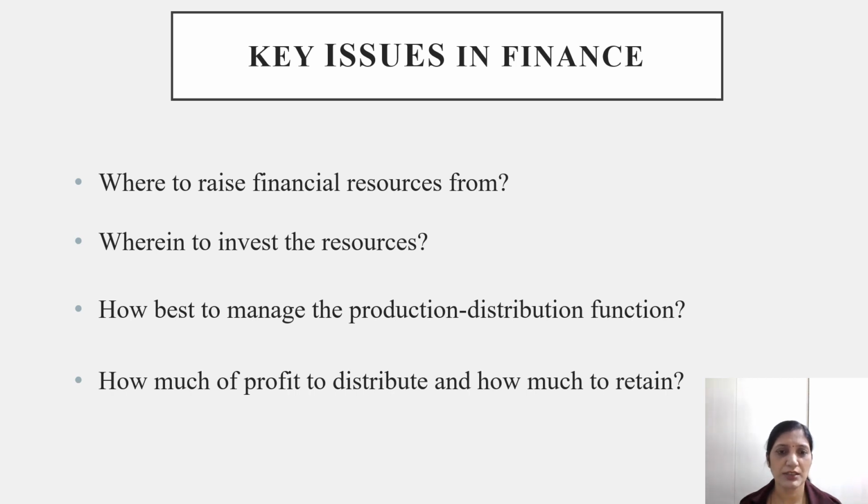When you want to earn wealth as well as profit, production is very important. Not only producing and keeping it, distribution is also very important. Lastly, how much of profit to distribute and how much to retain. All these days you have learnt about shares, debentures, joint venture companies. So a certain part is retained as retained earnings for future investment.